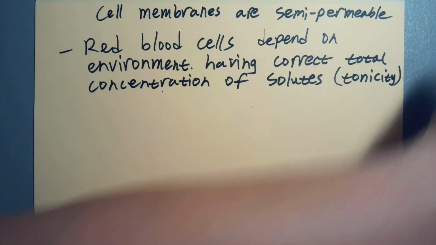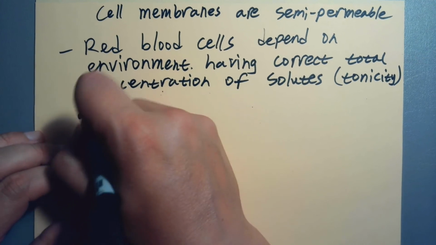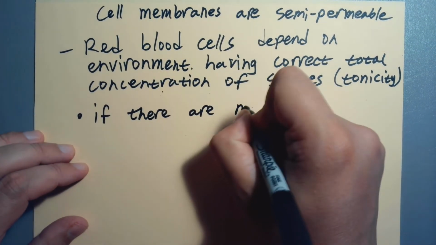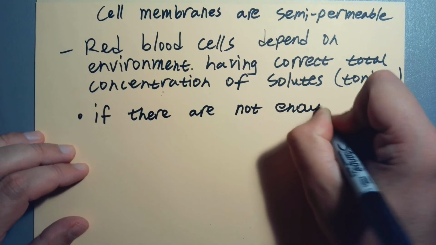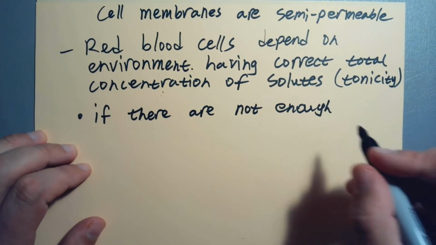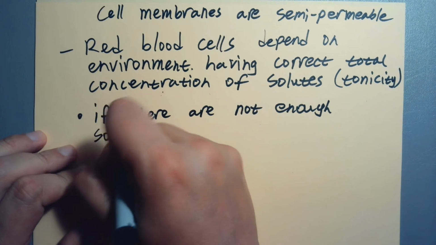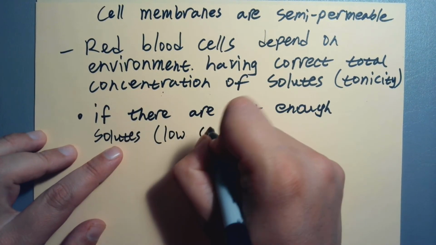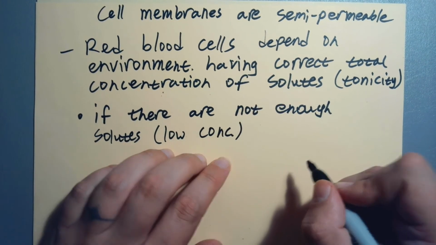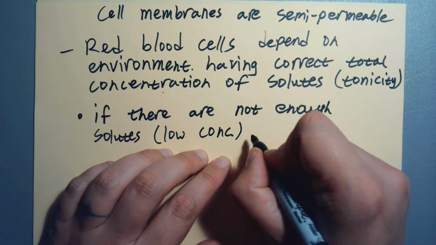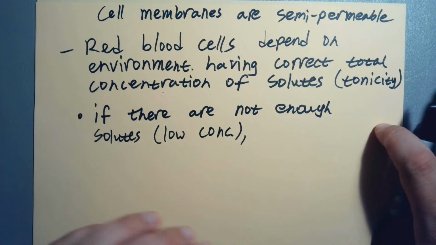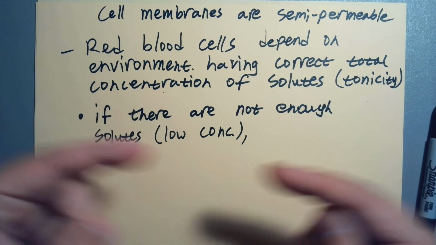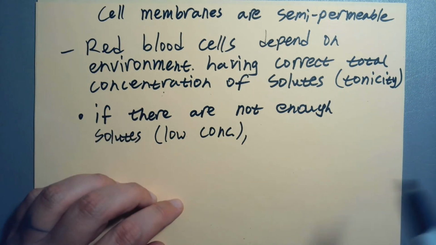So if there are not enough solutes in our bloodstream, so it's a low concentration, then what's going to happen? Well, if it's low concentration outside, high concentration inside, water is going to flow into the cell. That's what's going to happen.